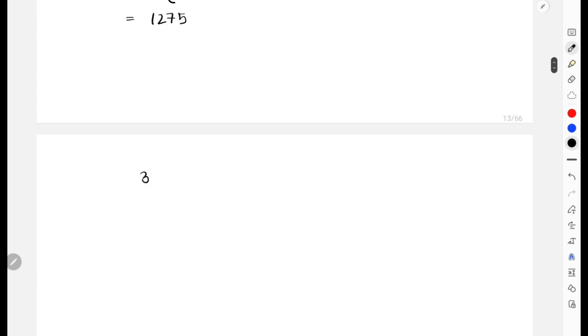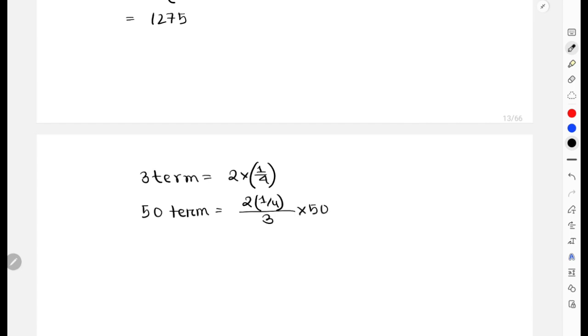That is, for 3 terms you are getting 2 times 1 by 4. In that case, for 50 terms, you are going to get 2 times 1 by 4 divided by 3, into 50. Now you can understand how many 1 by 4 you are going to get in the first 50 terms.